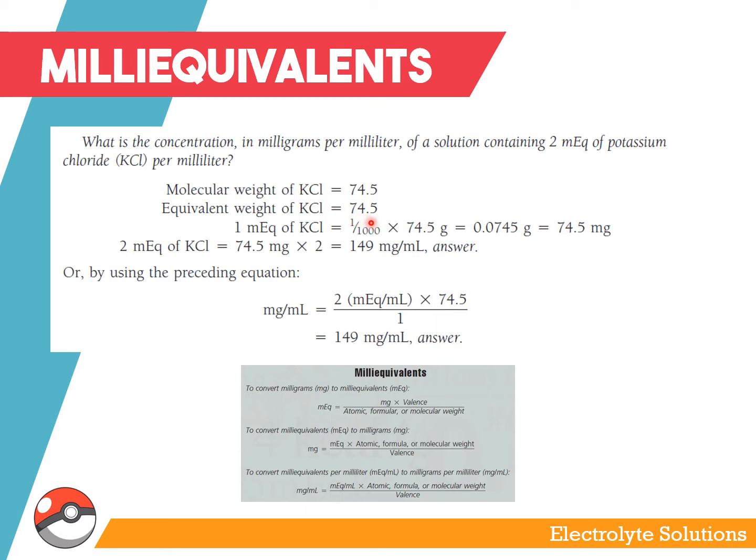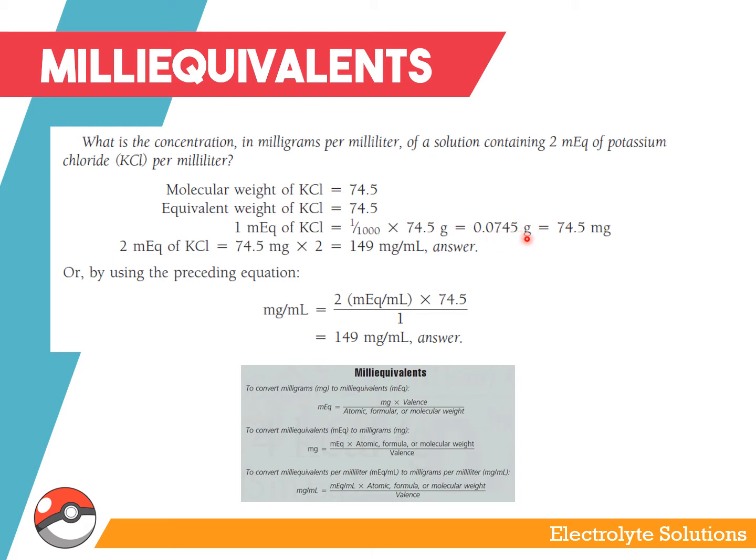You should also be aware and familiar with the oxidation states of the different elements. Again, we have 1 over 1000 times the molecular weight, which is 74.5. The answer is 0.0745 grams.